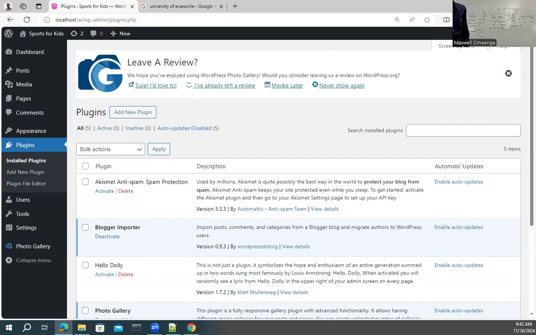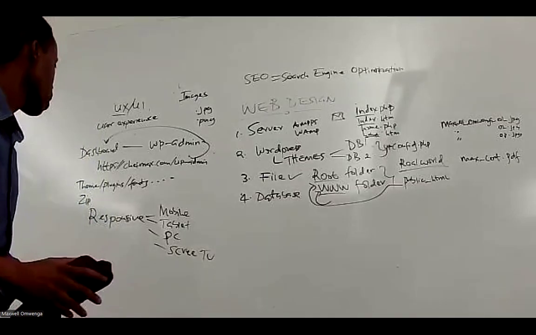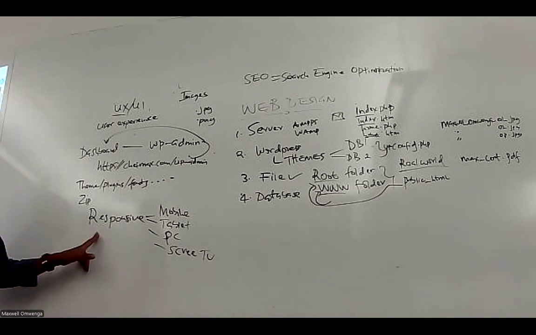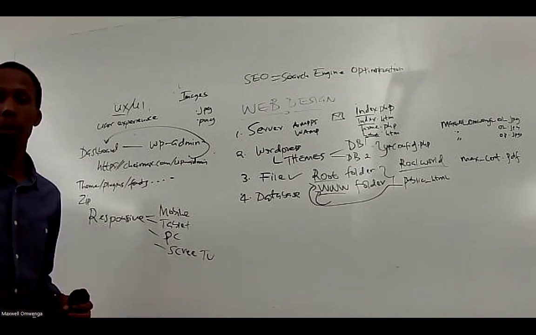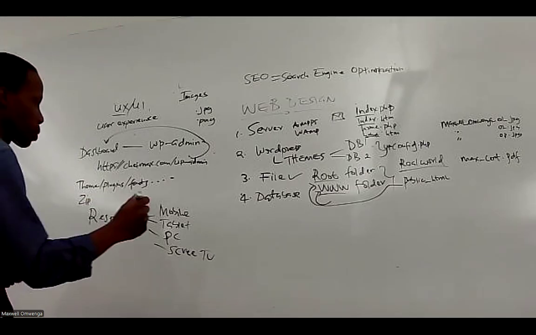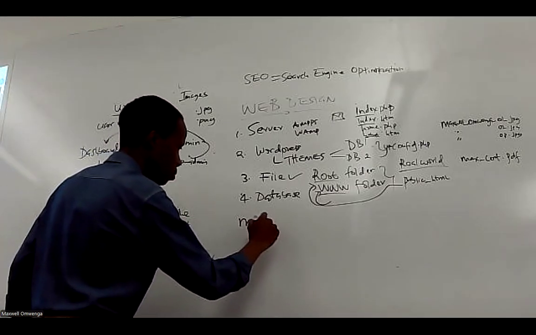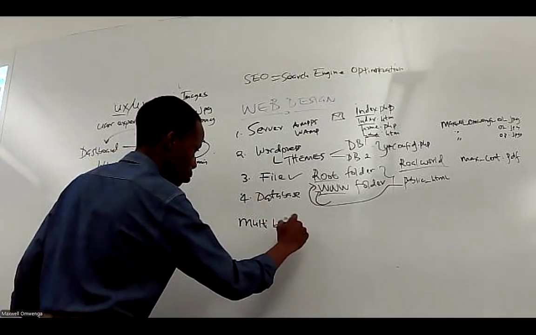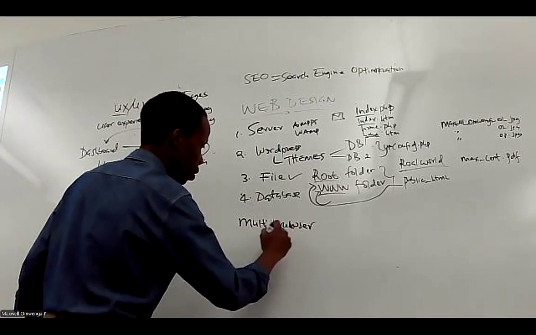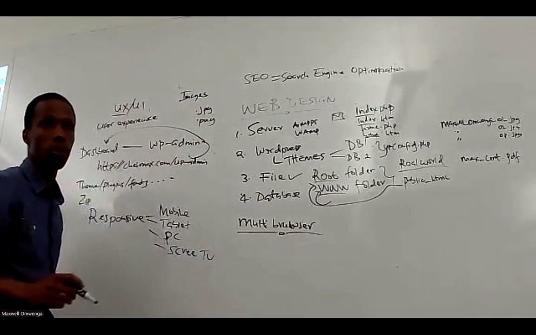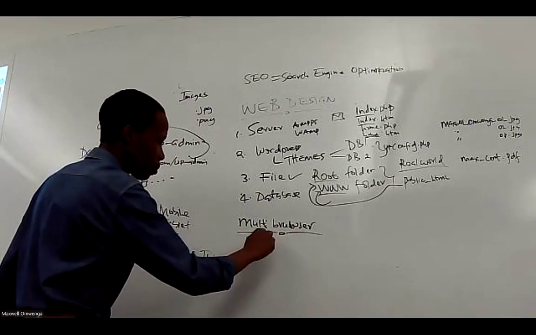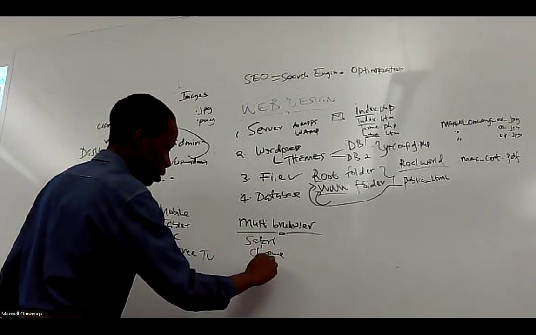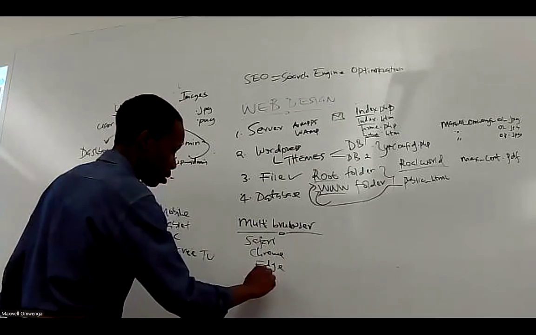All right, so let me stop sharing. We also saw a couple of things: your website has to be responsive. Other than being responsive, it has to be multi-browser. It should be able to support multiple browsers: Safari, Chrome, Edge, Mozilla.